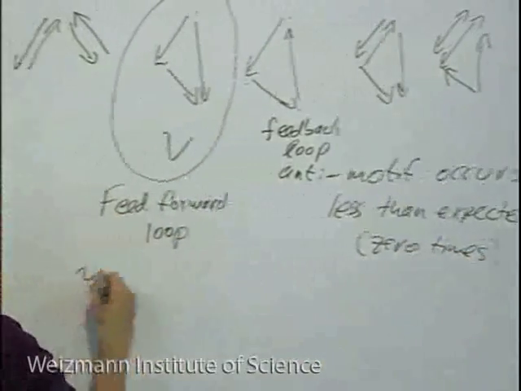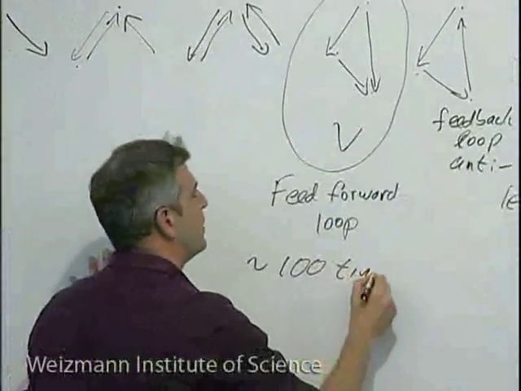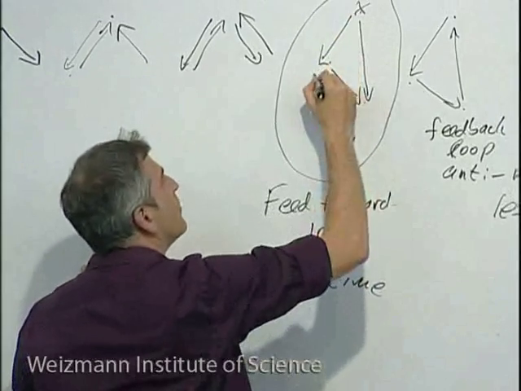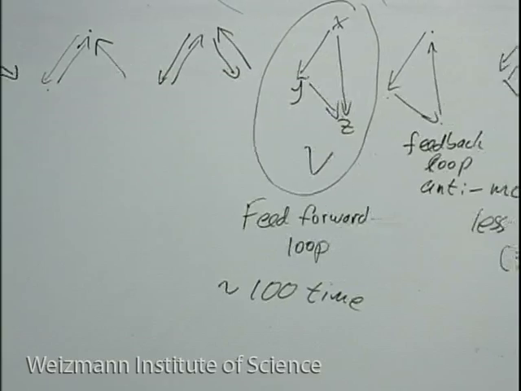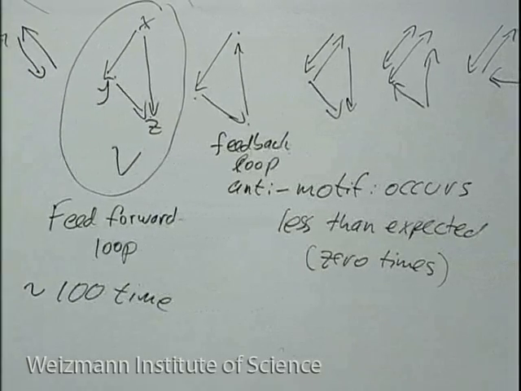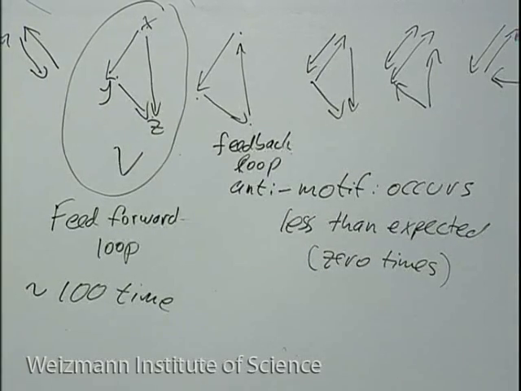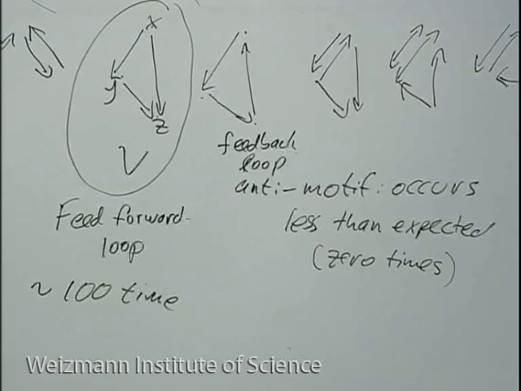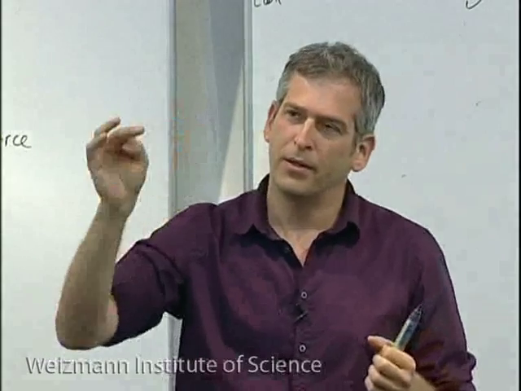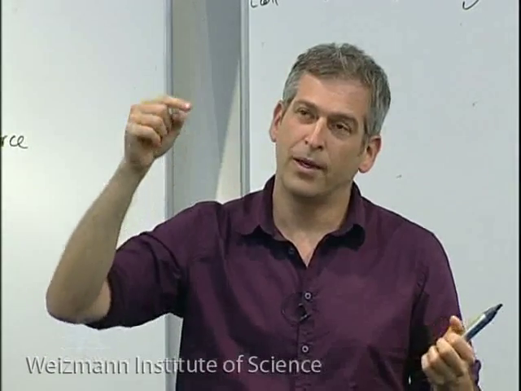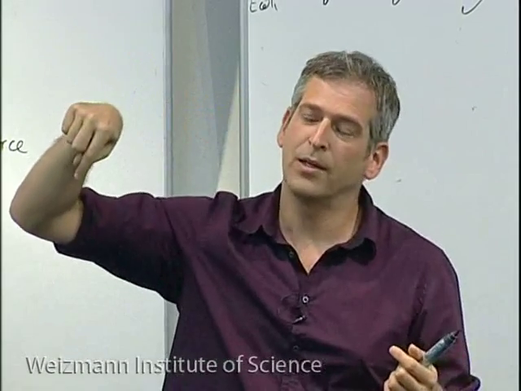And this one occurs about 100 times, each time with different x, y, and z. So it's 7 standard deviations more than you expect by chance with very stringent random networks that can keep the same number of nodes and arrows, and even distribution of outgoing arrows and incoming arrows.